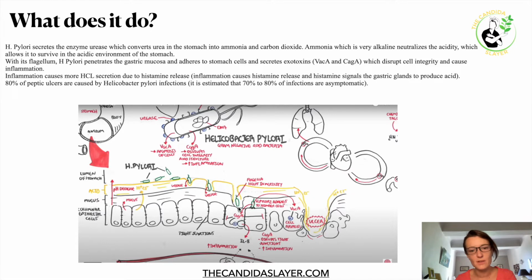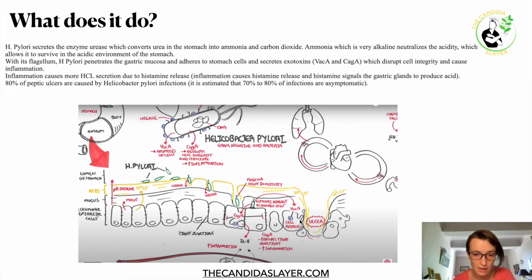When it arrives there, it sticks to the cells and produces toxins called VacA and CagA, which disrupt cell integrity and cause inflammation. What is inflammation?